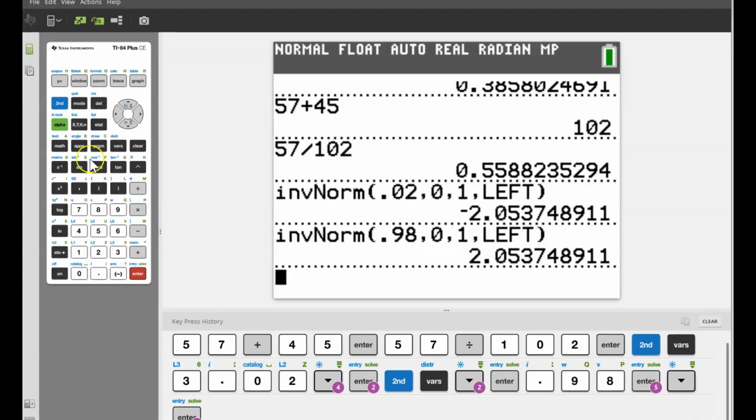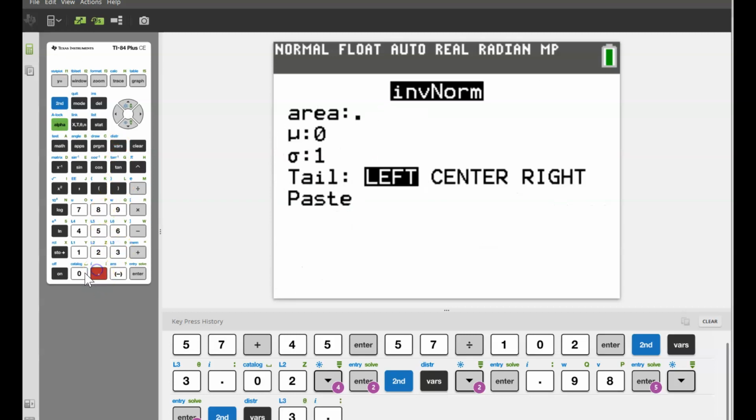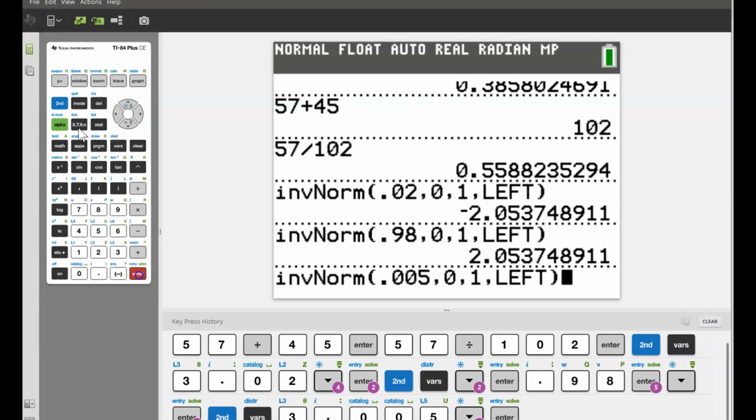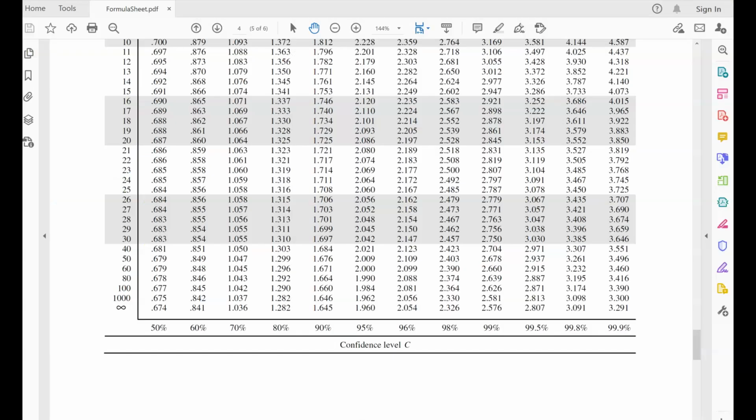Let's see what happens when I inverse norm 0.005, or 0.995. We could do either one of those. There it is, negative 2.576. This is right here, 2.576.